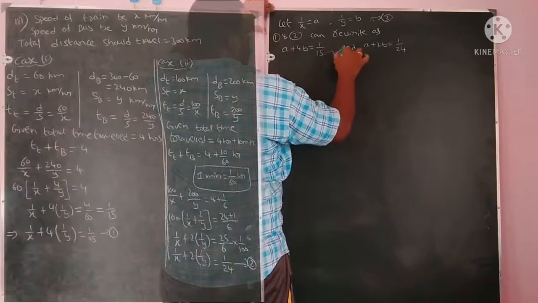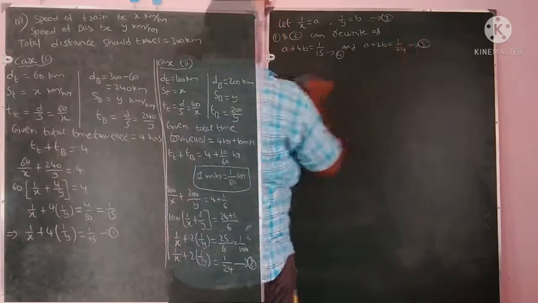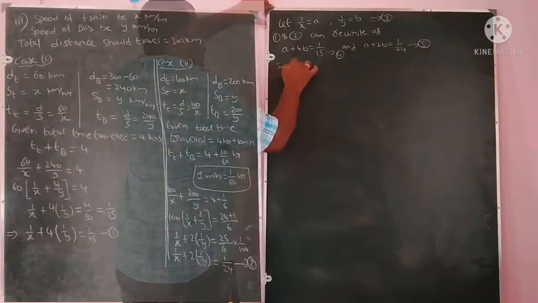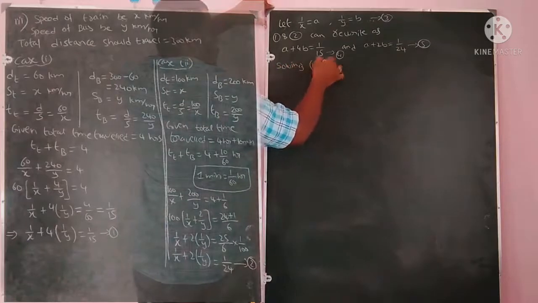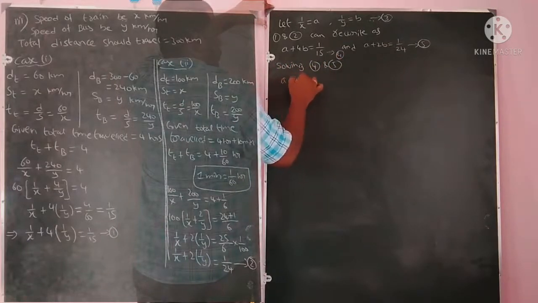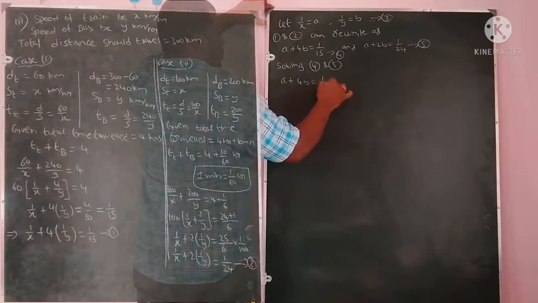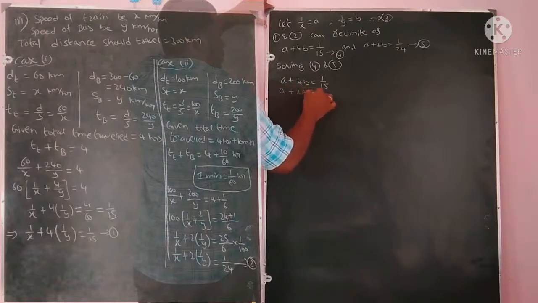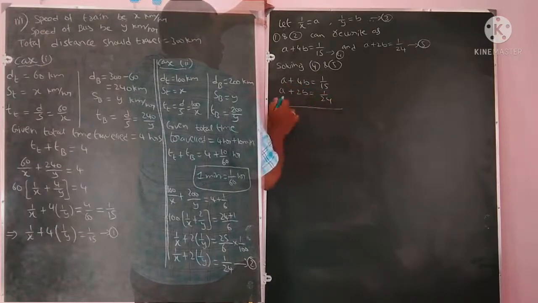Let it be 4 and let it be 5. Now solving 4 and 5: a plus 4b is equal to 1 by 15, a plus 2b is equal to 1 by 24.